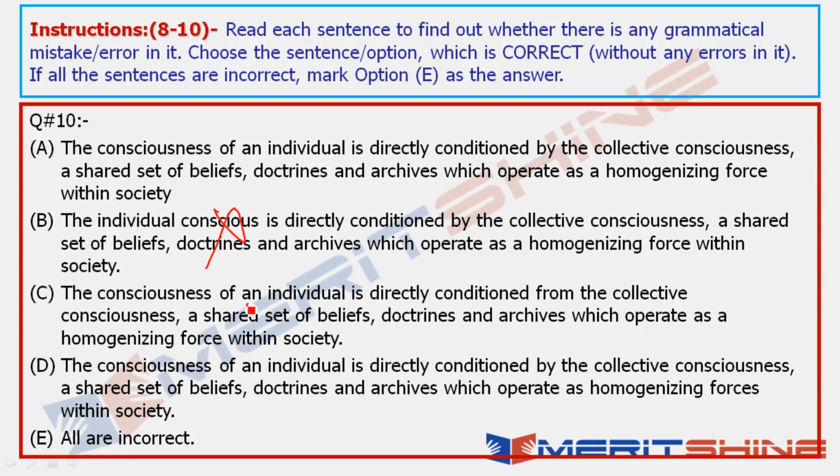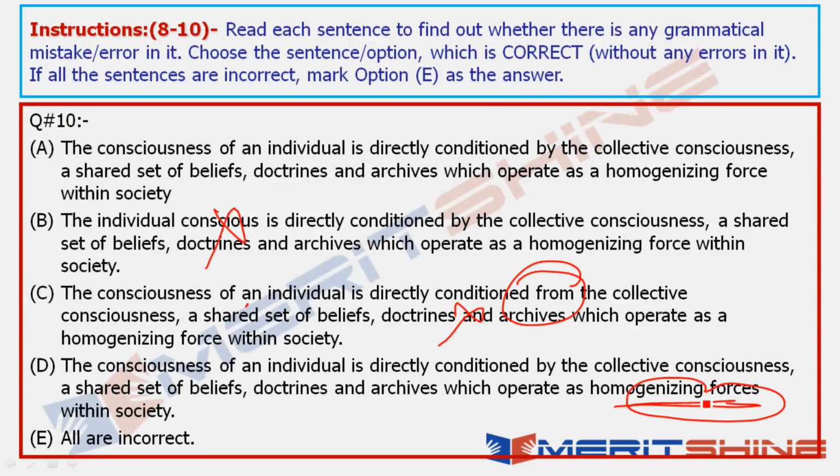The consciousness of an individual is directly conditioned from the collective. Conditioned from the collective? How can you condition from collective? You condition by. With might also have come, but not from. So that's eliminated. The consciousness of an individual is directly conditioned by the collective consciousness, a shared set of beliefs, doctrine, archives, which operate as homogenizing force within society. So, as homogenizing forces.